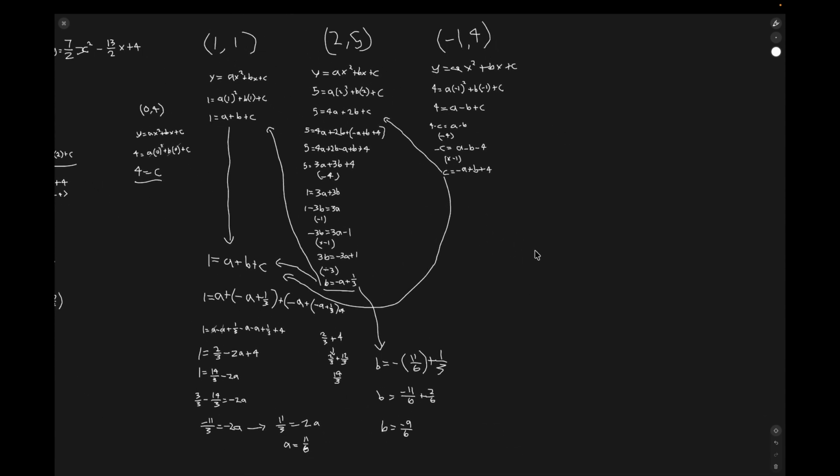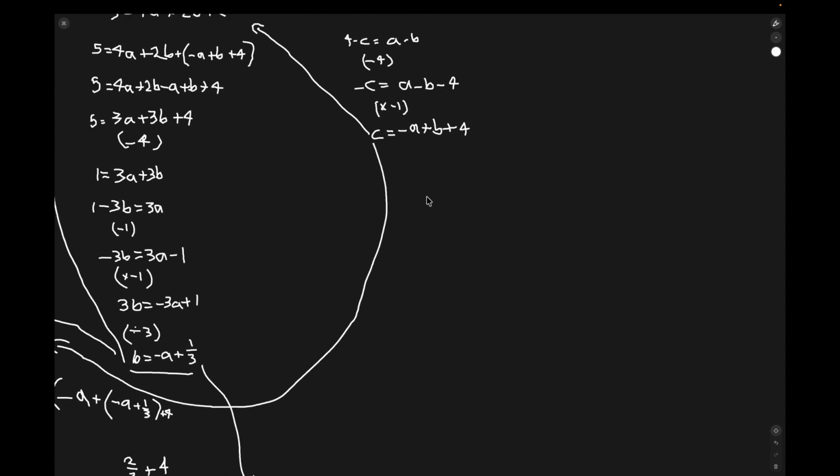Okay, so c is equal to negative a, negative of 11 on 6, plus negative 9 on 6, plus 4. C is equal to negative 11, negative 9 on 6, plus 24 on 6.